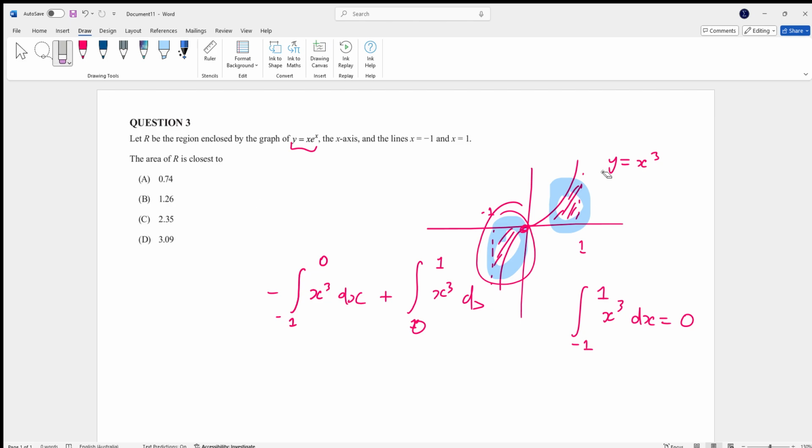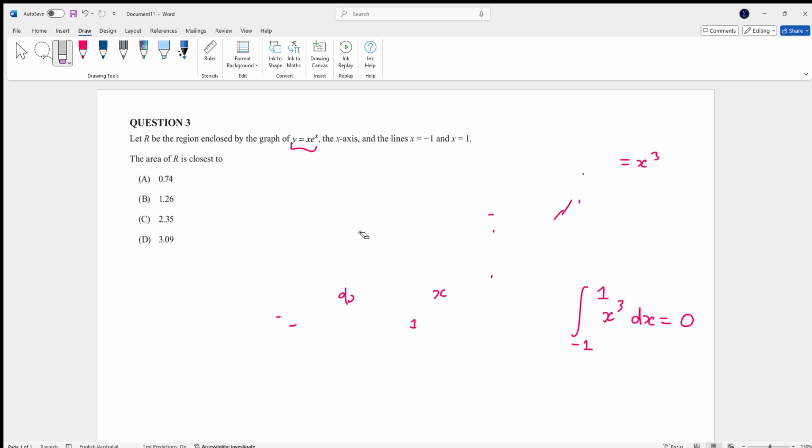However, you can't integrate this by hand because, one, in this syllabus you're not taught how to do integration by parts, and it's a calculator question. You might as well use your calculator. So the best thing to do is to graph it.